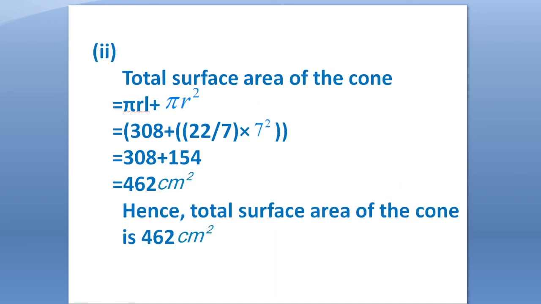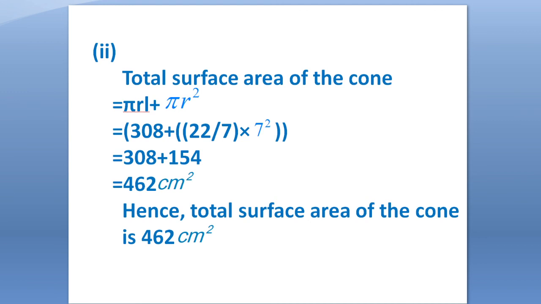Now the second one, the total surface area of the cone. So the total surface area is equal to the curved surface area plus the area of the base. Curved surface area pi r L is given as 308, plus pi r square. So pi is equal to 22 by 7 and r is equal to 7 square.